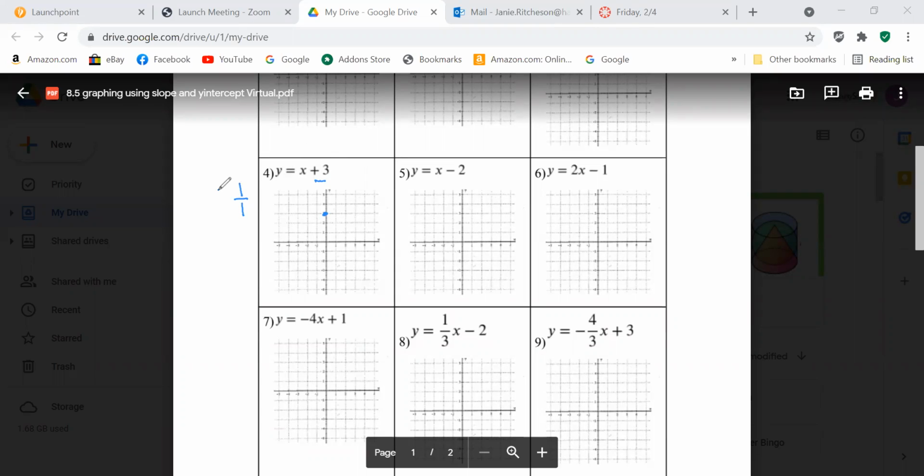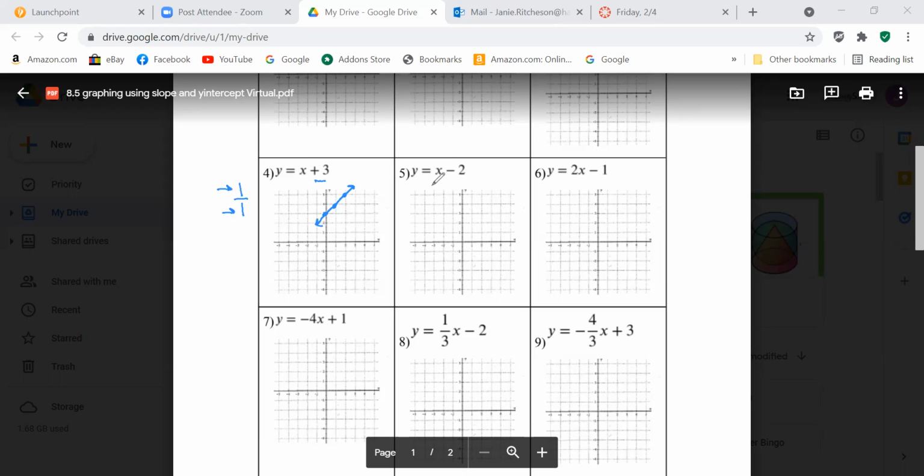That means we go up 1 and then right 1. If you don't have a number multiplied by x, your slope is 1. From our y-intercept, we go up 1, right 1, and we could do this over and over as long as you have space on your graph.